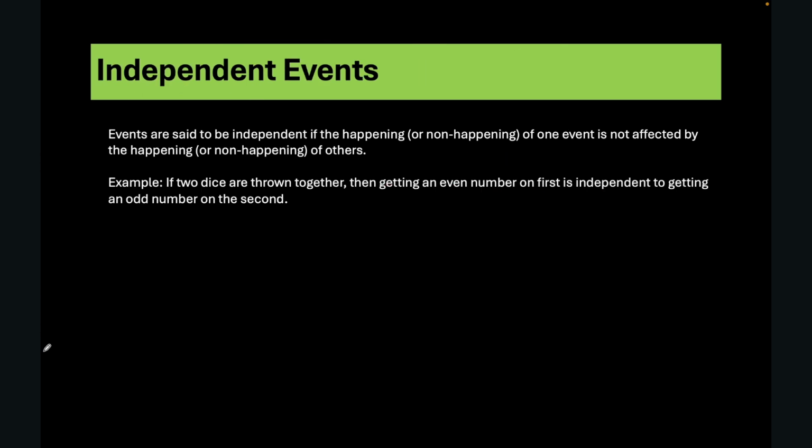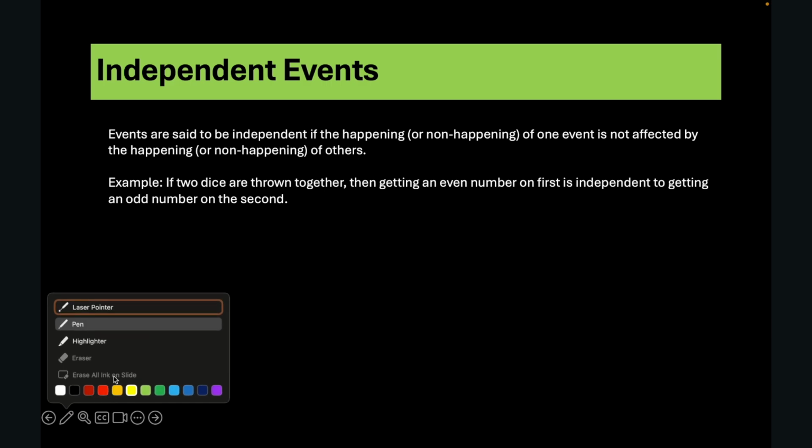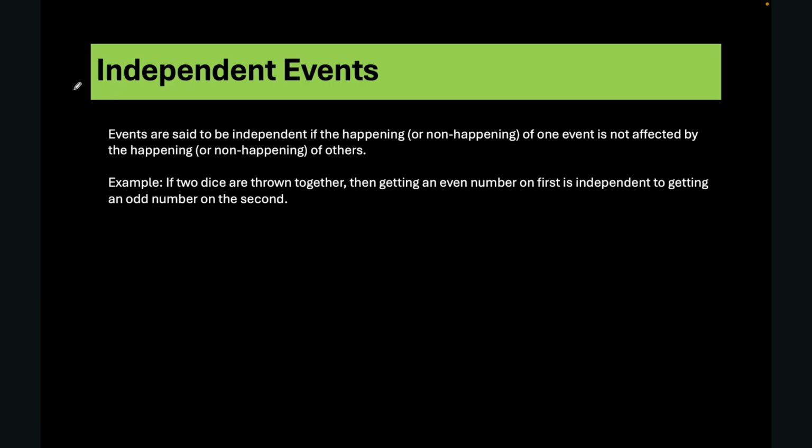All right. I believe this is our final terminology, the final term that I wanted to get across, which is independent events. Okay, so let's break it down. What does independent mean? Well, obviously it means not dependent, if that's the first thing that came to your mind. But what does not dependent mean also? It's not relying on anything, right?